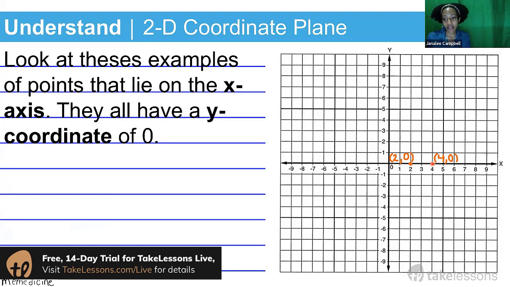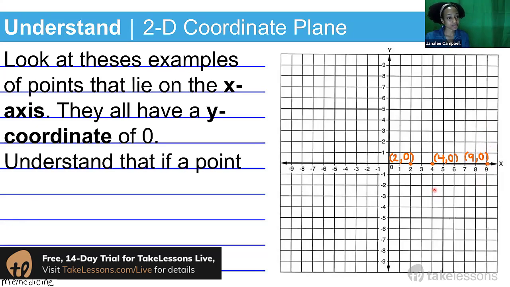Again, it has a value of 4 units on the x-axis because we had to move from the origin at 0 and go in the rightward direction 1, 2, 3, 4 units, and we did not move vertically upward or downward. Now, for good measure, one more example, we have the coordinate located at 9, 0. So you move 9 units to the right, but you did not move vertically up or down 9 units.